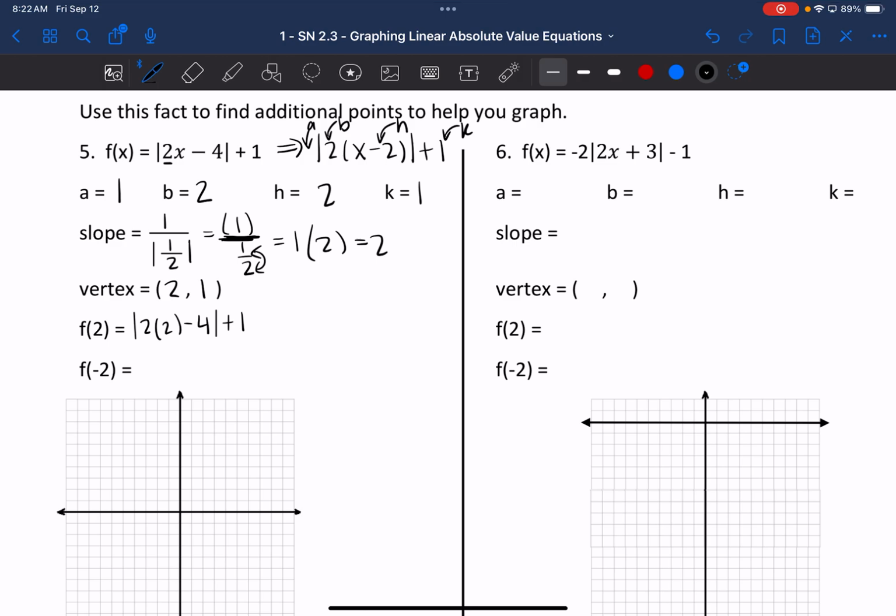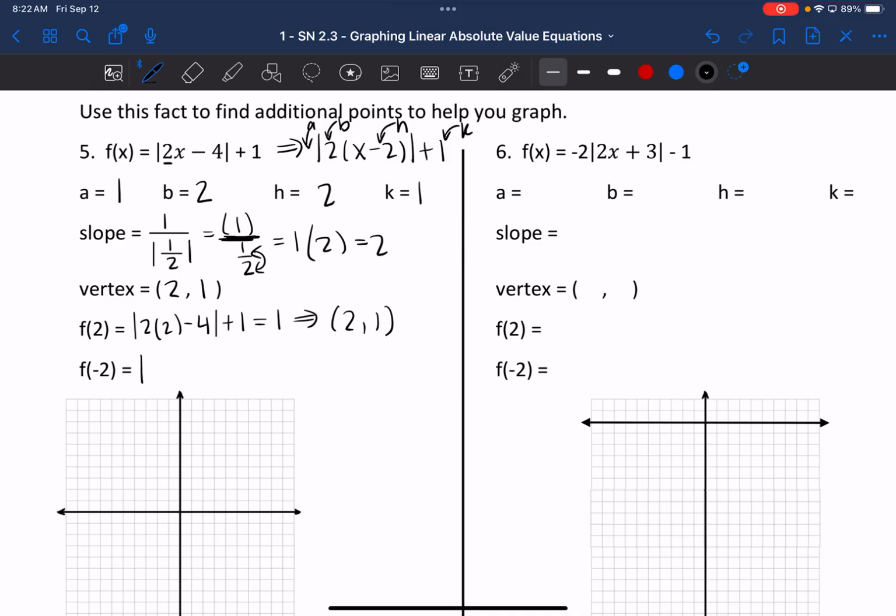So 2 times 2 would give us 4, right? And then I can subtract. 4 minus 4 is 0. And the absolute value of 0 is just 0. So really all I'm left with is the plus 1 on the end. So this is all equivalent to just 1, right? Therefore, we have the coordinate point 2, 1 somewhere on our graph, okay?